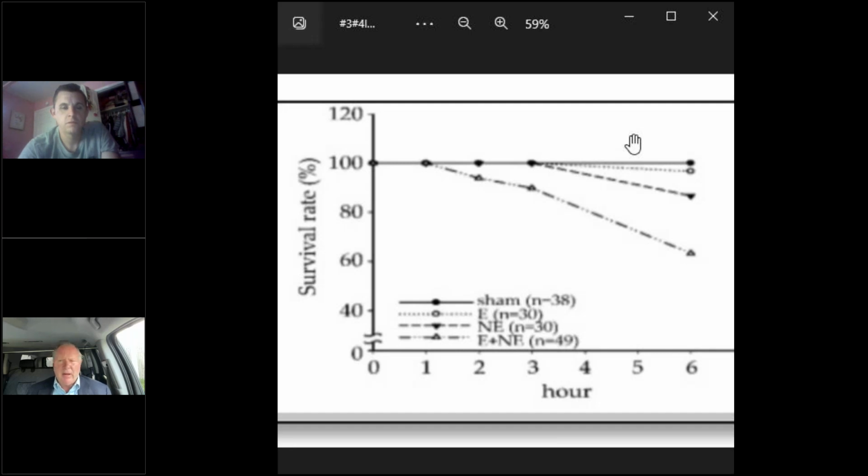I will double check that. Given a continuous infusion of particularly the combination of epinephrine and norepinephrine, these mice died rapidly, and if you look into the study, they died horrible deaths. These mice suffered. This was not a non-violent death.